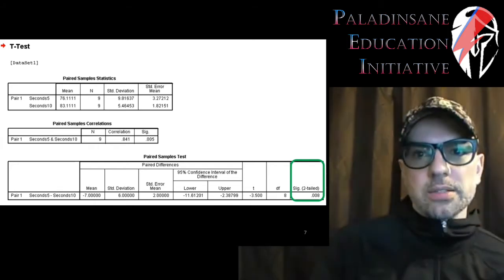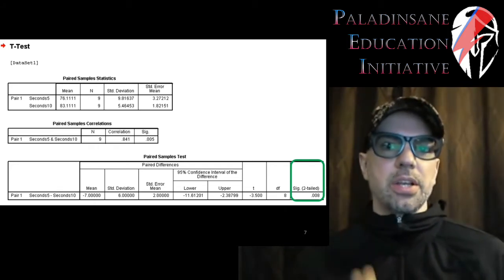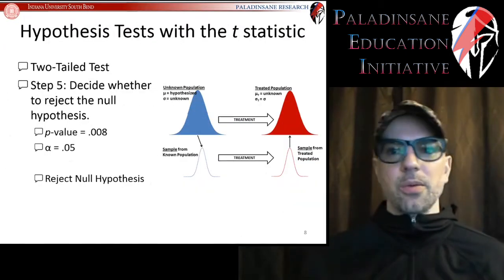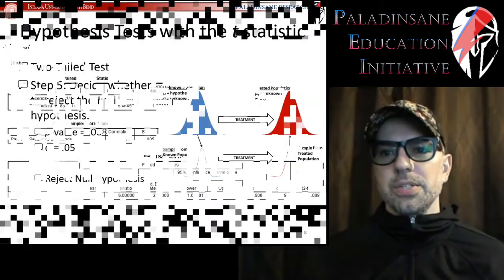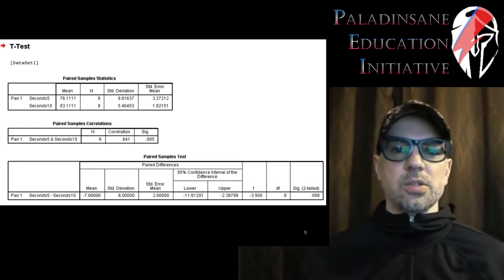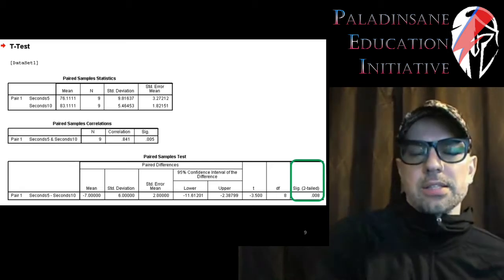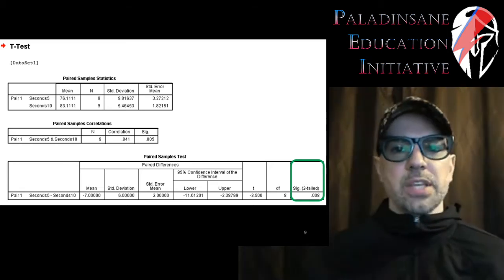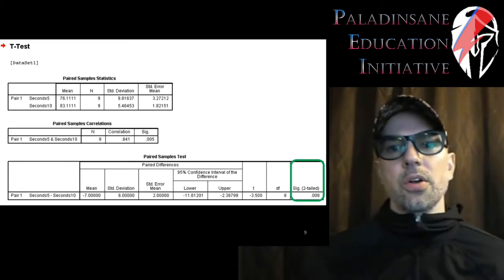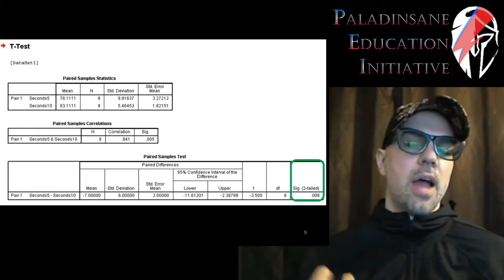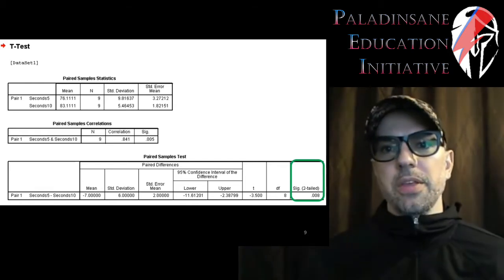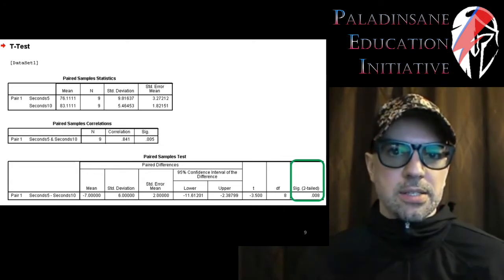So if we're doing a two-tailed test, that's the correct probability to use. However, we're not always doing two-tailed tests. So the question is, what do we do with this value when we're doing a one-tailed test? How do we adjust this two-tailed significance in order to correctly figure out our sample's probability, our p-value, if we're doing a one-tailed test?